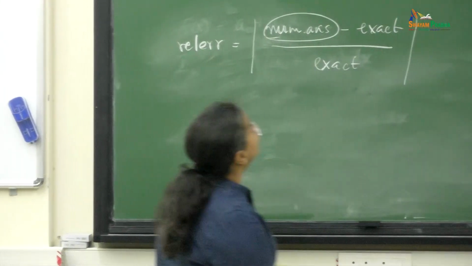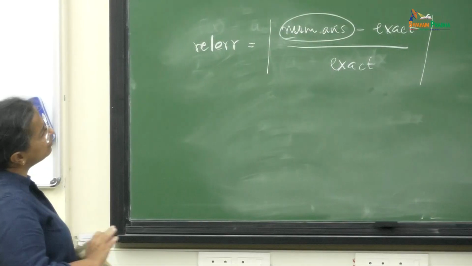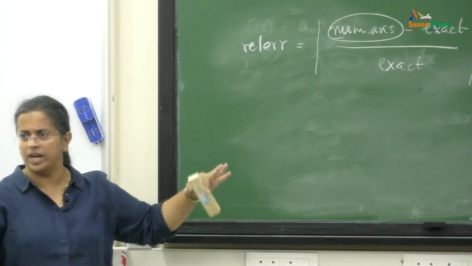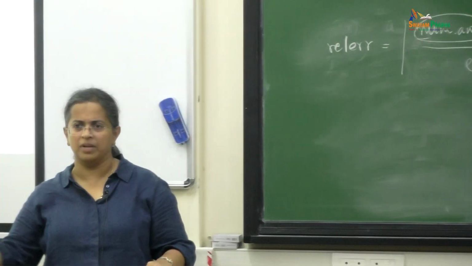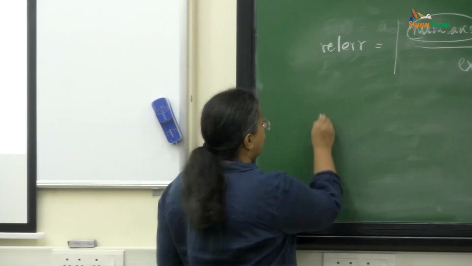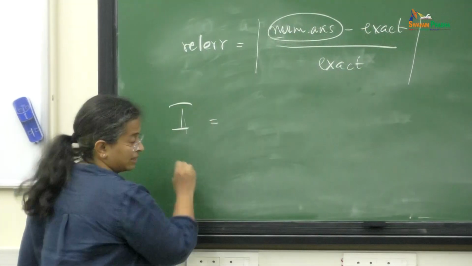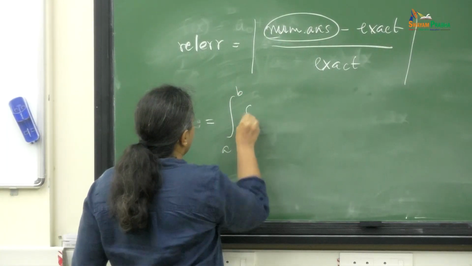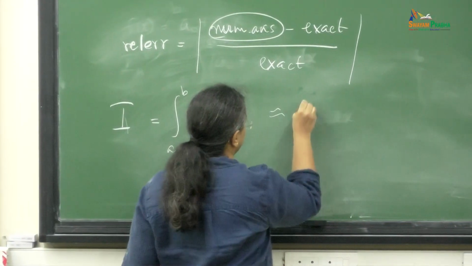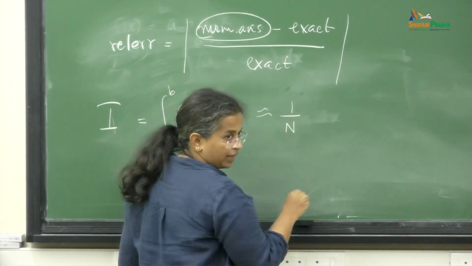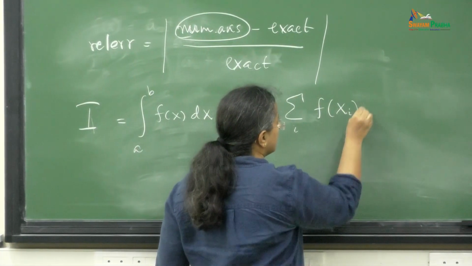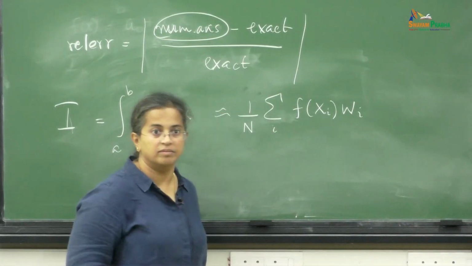Now, very quickly, I am going to show you a very different way. So this you understand, right? In some sense, you take the interval, divide it into endpoints, approximate it by some nice geometric shape, and then add the areas. Fantastic. But this also tells you that any integral, which I call a to b f of x dx, can be approximated as 1 over n summation of the function evaluated at discrete points times the weight.